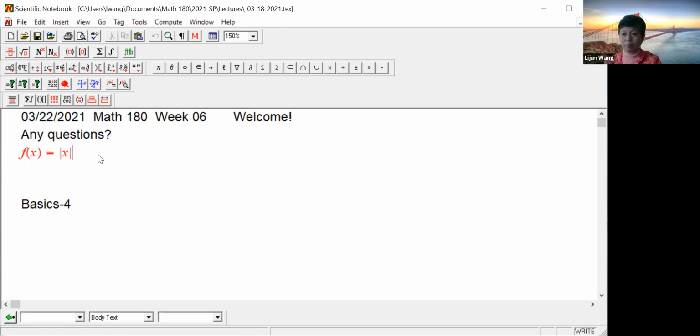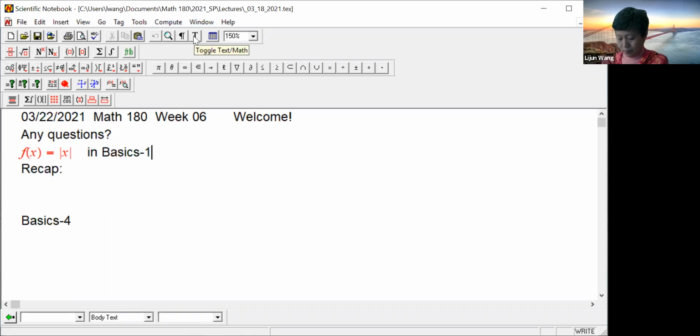To recap, we talked about the domain and range of this function, and that was number 6 in basic 1.